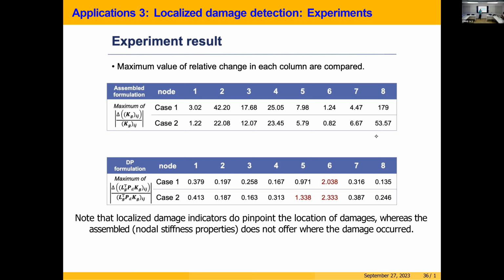Even for a small hole, when you did the experiment, carrying that out using this DP localized damage algorithm, it really pinpointed it. So I'm very happy, and I'm really hopeful that this would make an impact in safety monitoring systems.